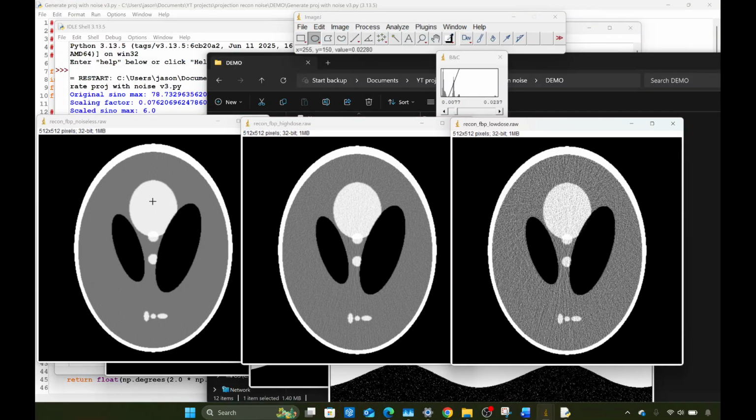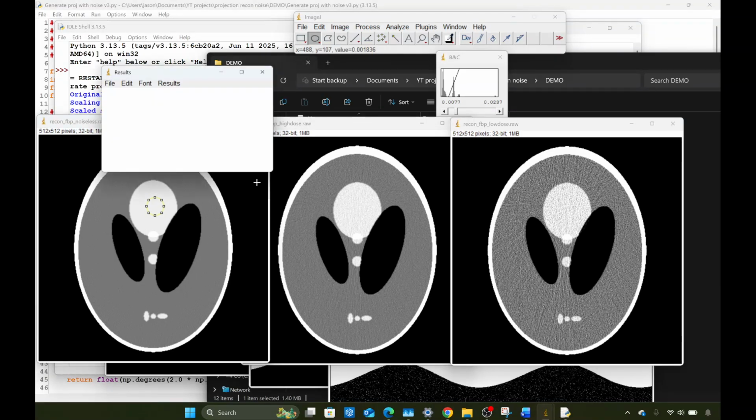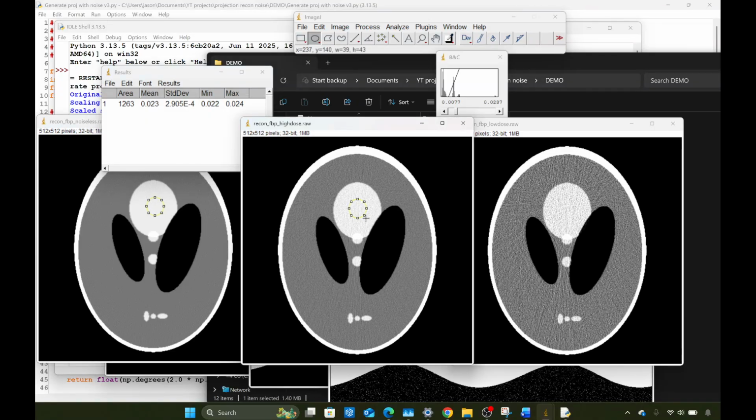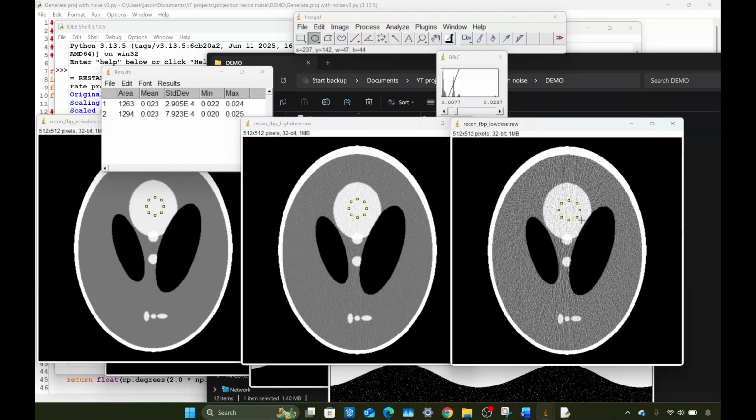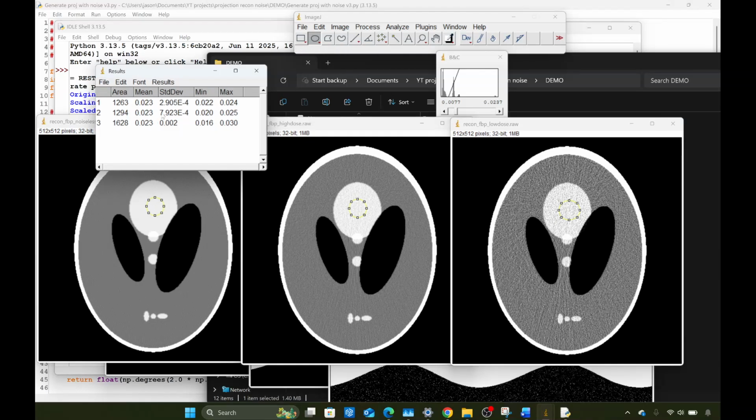We can draw a region of interest, and we can compare our noise level. And you can see the high dose is almost similar to the noiseless, while the low dose has significantly higher variance or standard deviation compared to the other two scenarios.